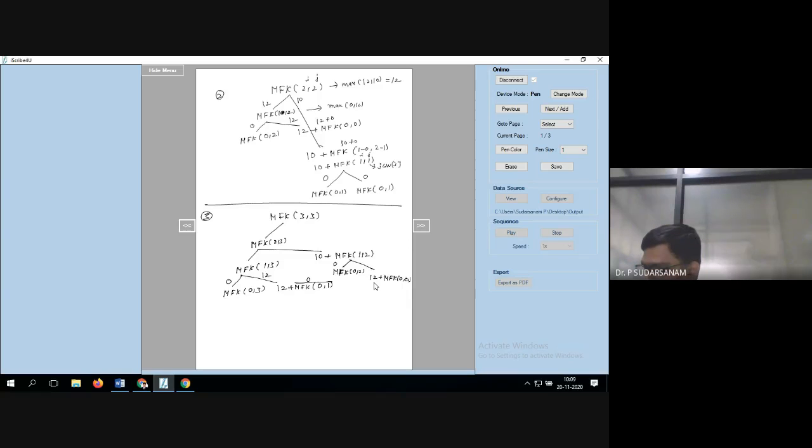So that is 12 plus 0, 12 only. 1 comma 2 is also 12 only. Now 10 plus 12, 22.